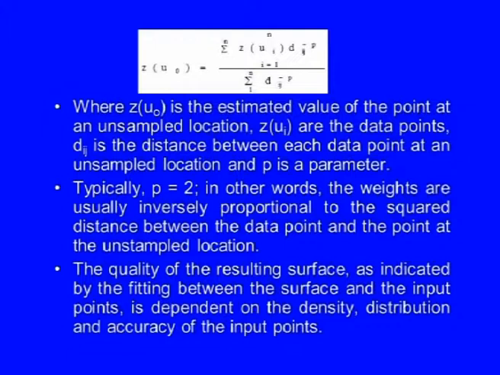The quality of the resulting surface, as indicated by the fitting between the surface and the input points, is dependent on the density, distribution and accuracy of the input points.